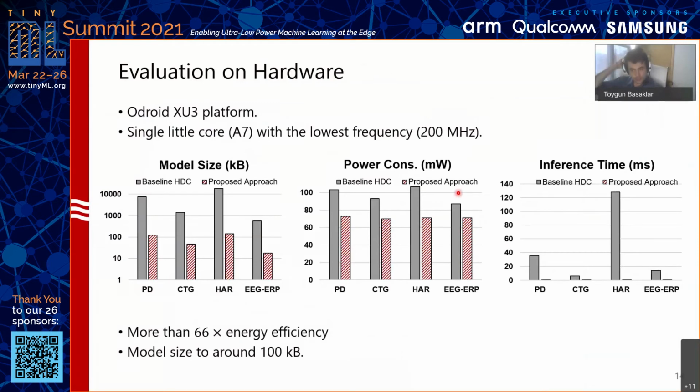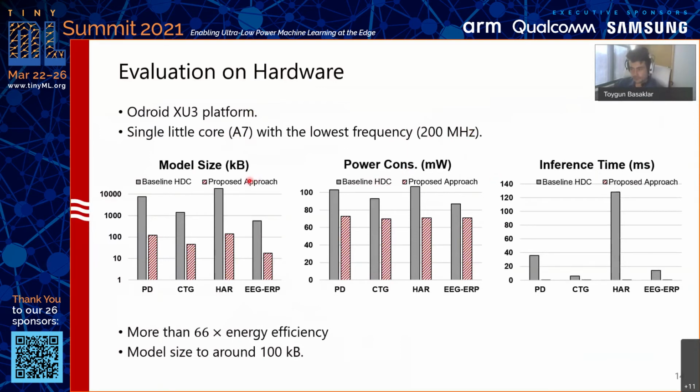So we also evaluate the proposed approach by running inference for all applications on the AutoRadix U3 platform. The applications run on a single little core, an A7 core with the lowest frequency setting, since this setting is the closest configuration to a computation limited edge device. And these figures compare the baseline HTC and the proposed approach in terms of model size, power consumption, and inference time.